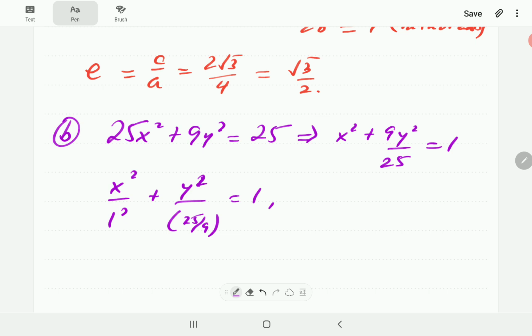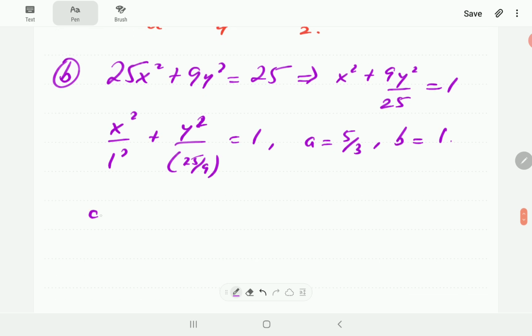So that means a squared is 25 over 9, so a is 5 over 3. b on the other hand is 1. So c, which is the square root of a squared minus b squared, is going to be the square root of 16 over 9.